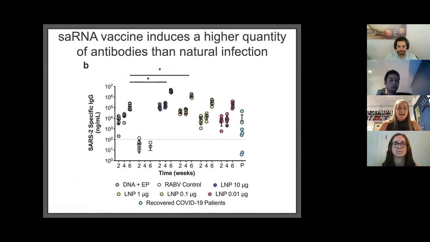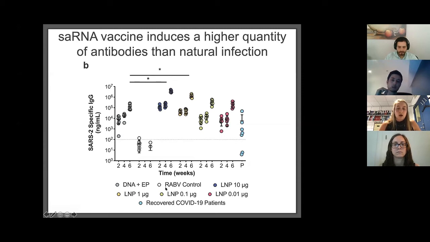So here we're looking at samples for the SARS-2 specific IgG, so the antibodies in sera, and there's a lot of data here, but I'll walk you through it. In our mouse immunogenicity studies, we use electroporated DNA as a positive control just because we know it always works and always gives a pretty good level of antibody response. So this is our baseline of comparison.